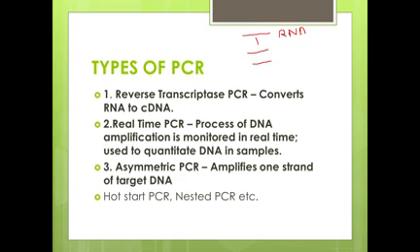This single strand is first converted into cDNA, or the complementary DNA molecule. Once this complementary DNA molecule is formed, it proceeds with the normal amplification of this complementary DNA. This type of PCR is called reverse transcriptase PCR. This is very frequently used.